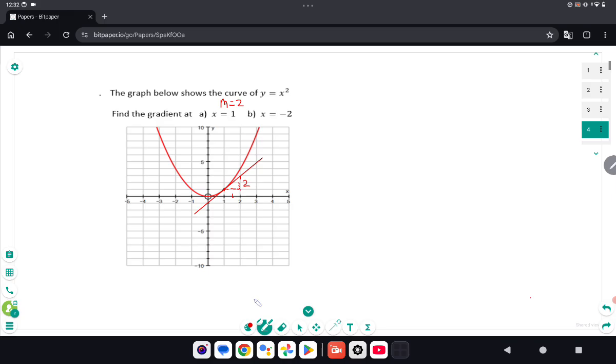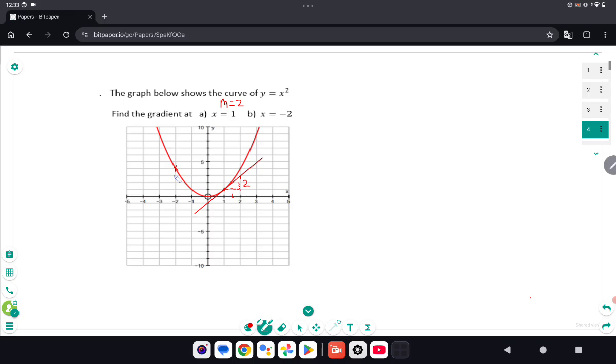Okay, so find the gradient when x is minus 2. So again, I'm going to use this method of drawing a tangent. As you can see here, the gradient will be negative because we've got a slope downhill, and it is steeper than when x is 1 as well.